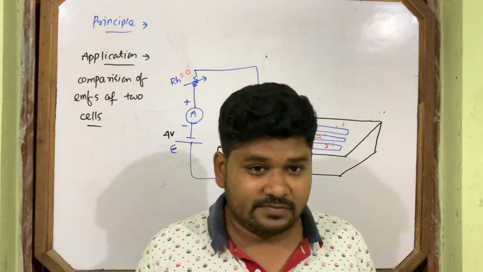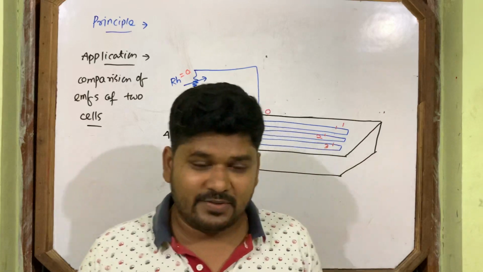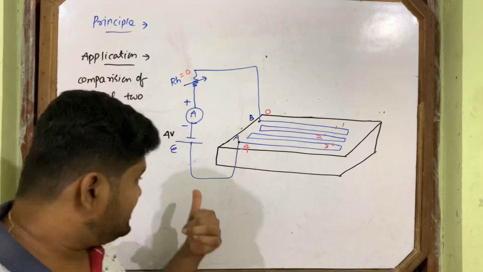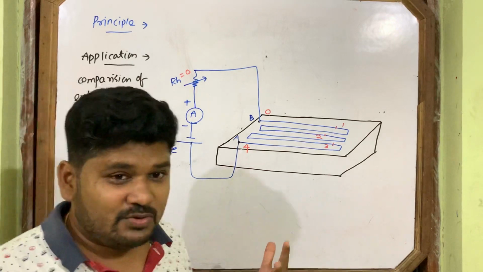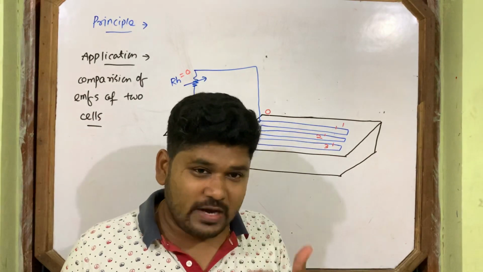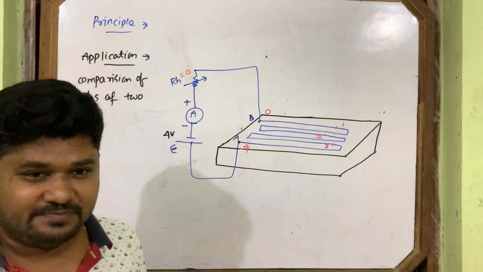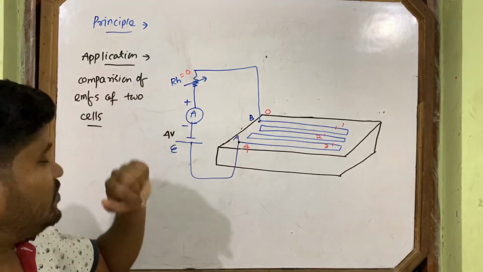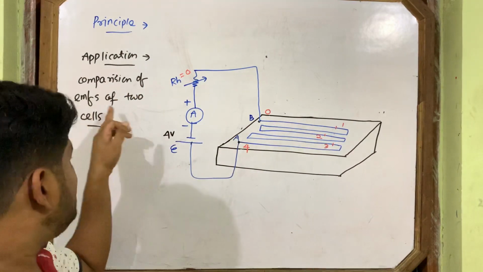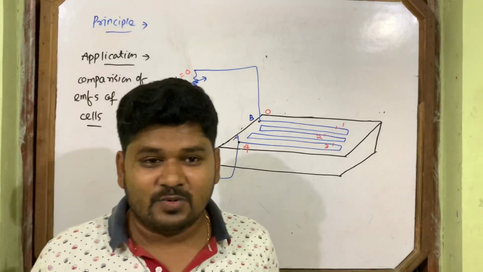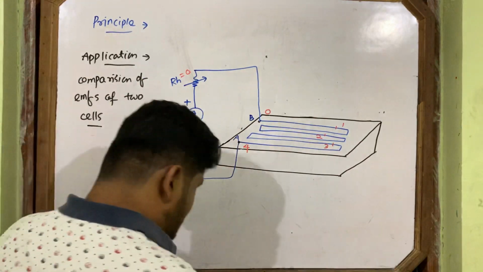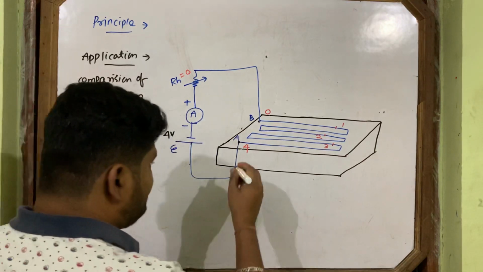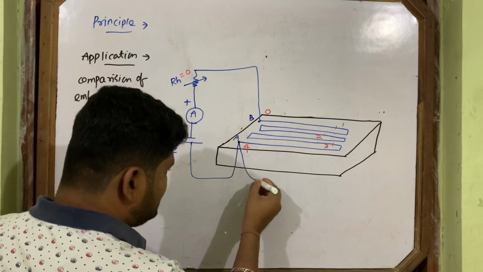Just before, I told you the vehicle is ready, your taxi is ready, the driver is ready. Now the main persons who have to actually travel will come. So who are the main persons here? Two cells, whose EMF we will compare. Now let's draw them. Bring one wire, connect one cell.